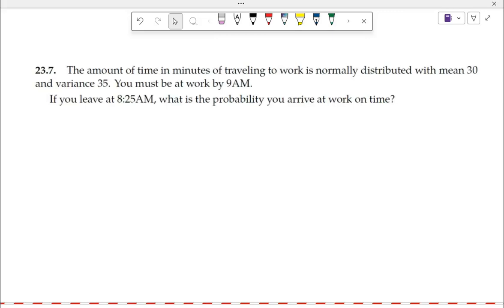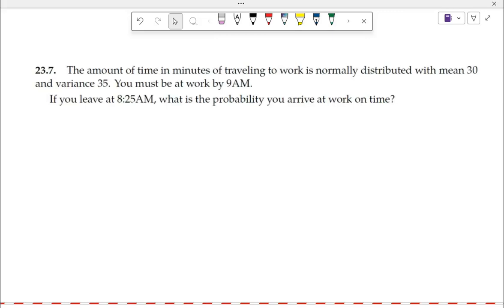You've got your traveling time distribution given to you, and it asks, if you leave by 8:25, what's the probability that you arrive to work by 9?